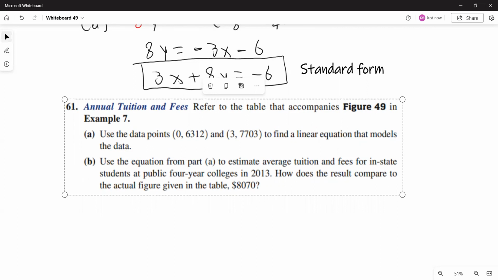Okay, so that refers to example 7. I'm going to find that to copy this for you. Okay, so we have this table and the graph.